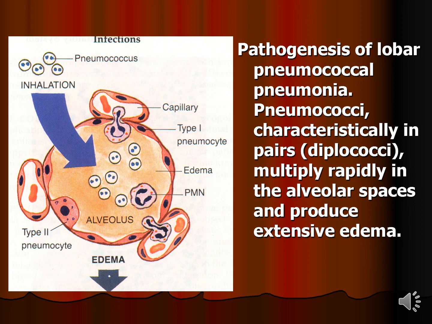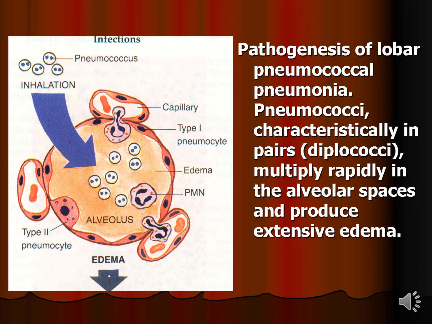Pathogenesis of the lobar pneumococcal pneumonia. Pneumococci, characteristically in pairs like diplococci, multiply rapidly in the alveolar spaces and produce extensive edema.